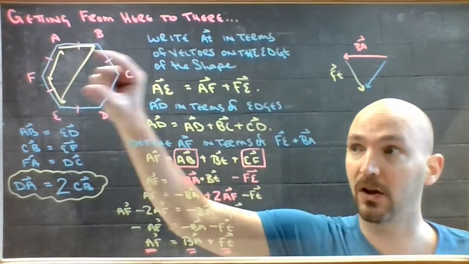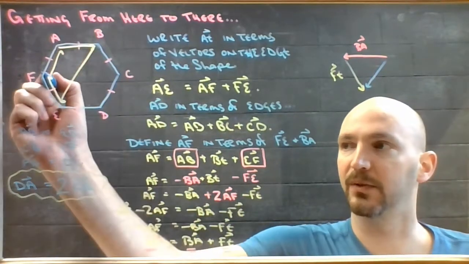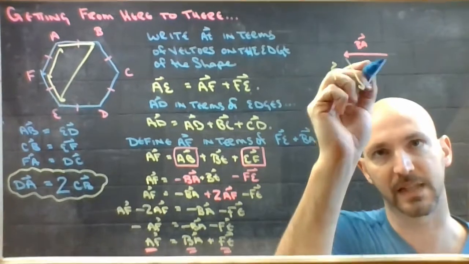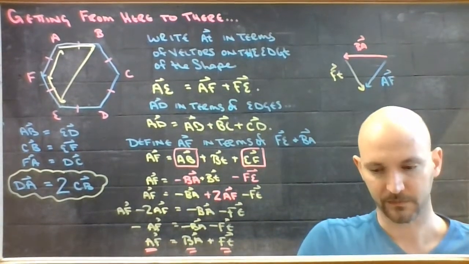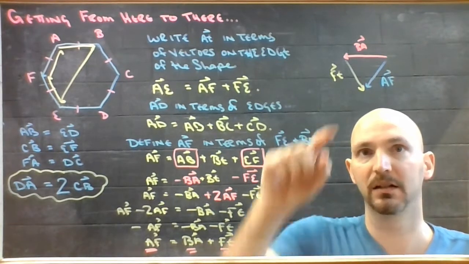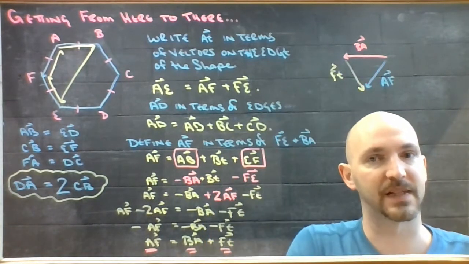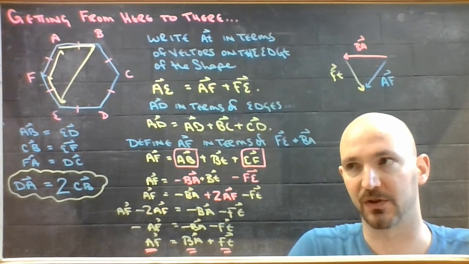It's about that long, heading down and to the left. So A to F goes this way. So did this vector here. So you've been able to define the length and direction of this edge using two other edges in this particular shape.